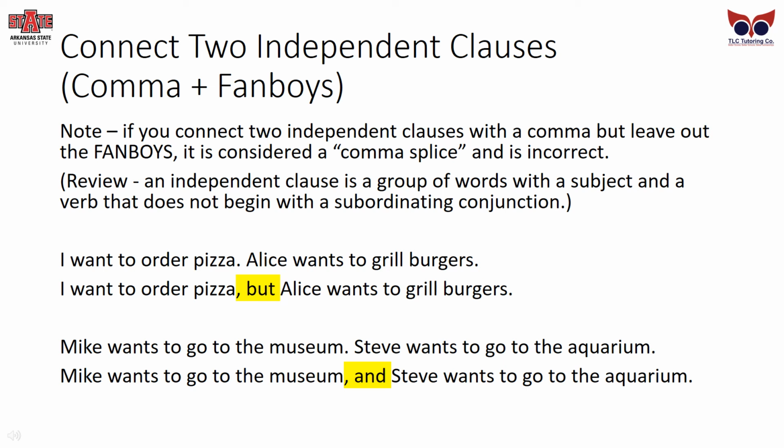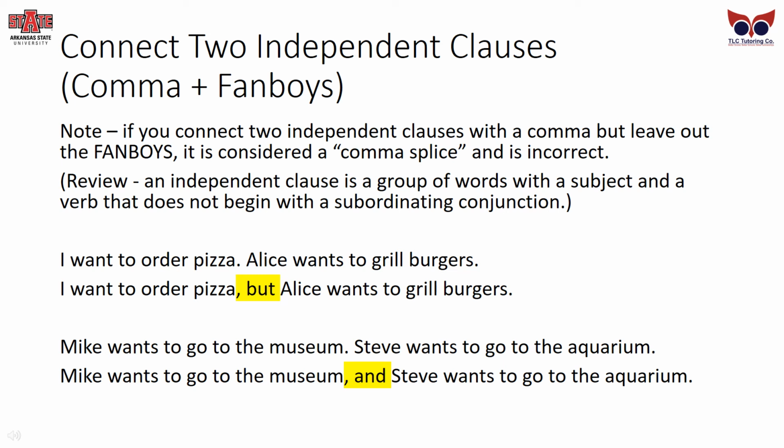Consider the following example. I want to order pizza. Alice wants to grill burgers. To combine these, I would use a comma and a fanboy. I want to order pizza, comma, but Alice wants to grill burgers.